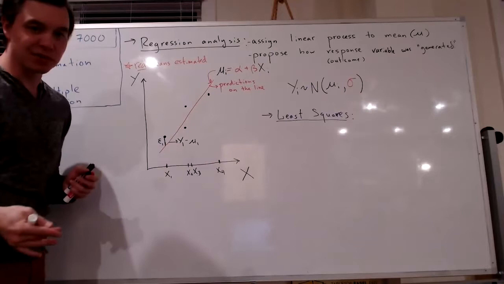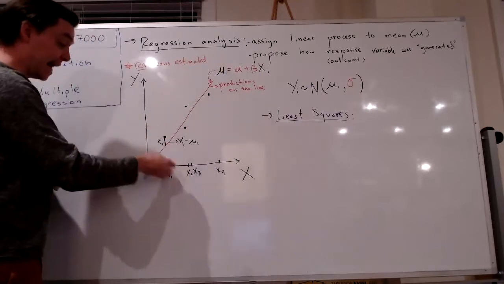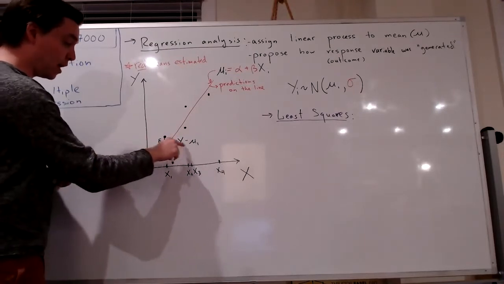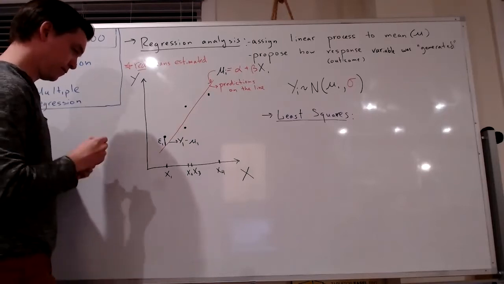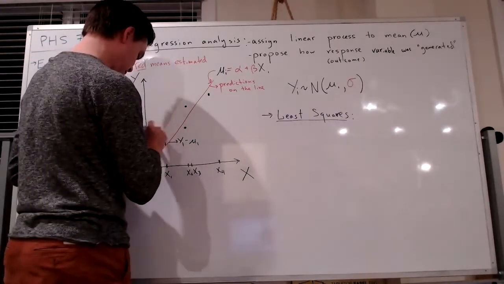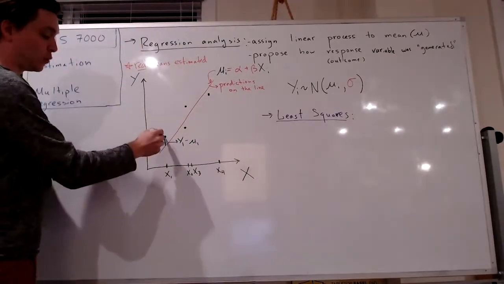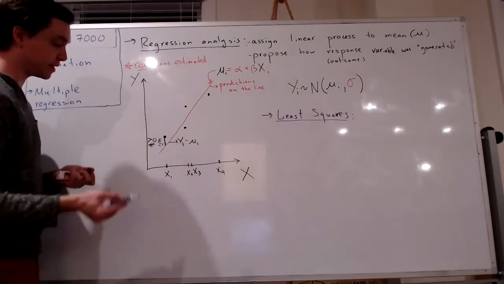Sometimes you will see it written in terms of an error. I'm trying not to introduce a lot of new notation. Our predictions are just the mean at x equals 1. So our error is then y minus mu. It's greater than 0, right? Because y is greater than mu, so our error is going to be greater than 0.